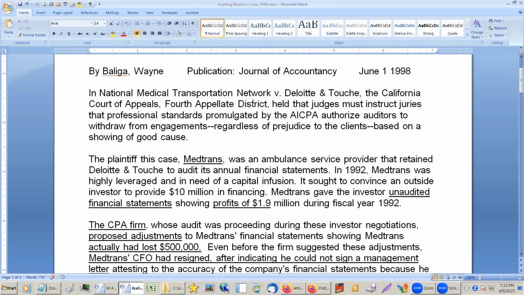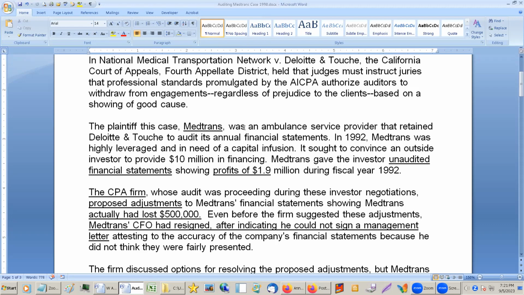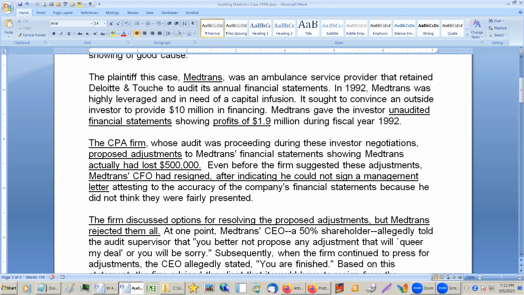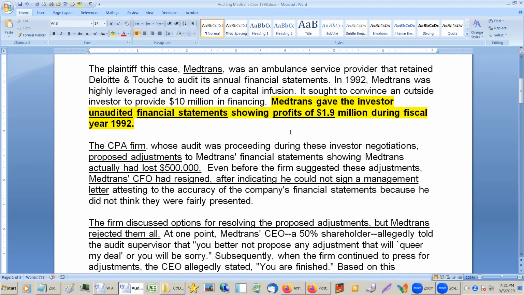The Medtrans case is a very famous case. Medtrans gave an investor a financial statement showing profits of $1.9 million.